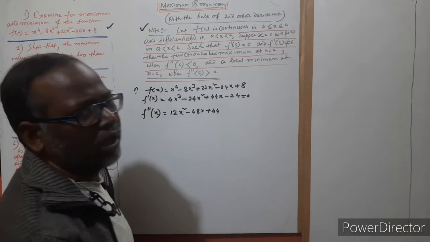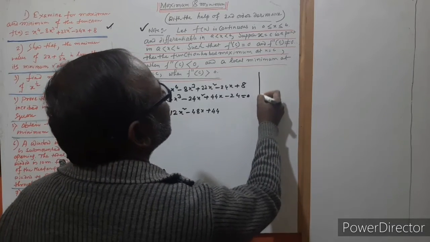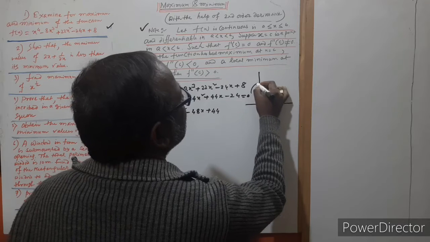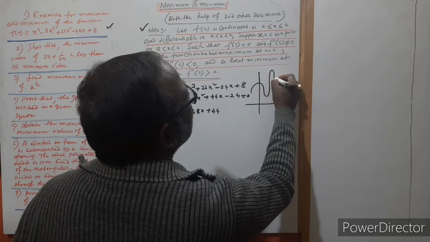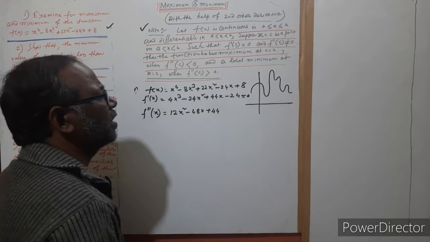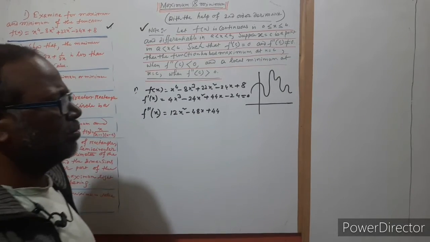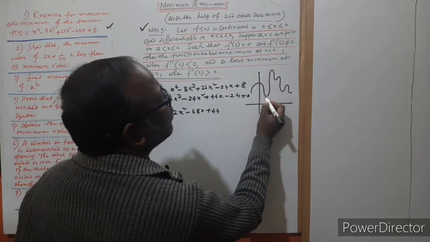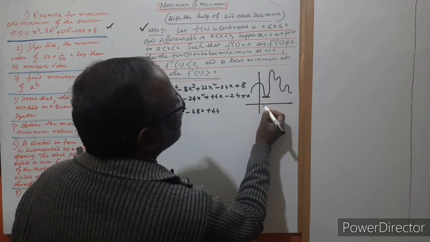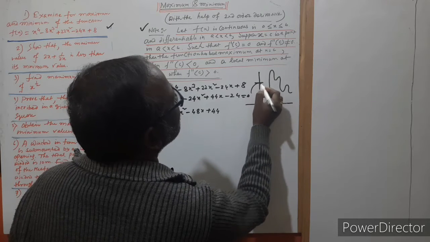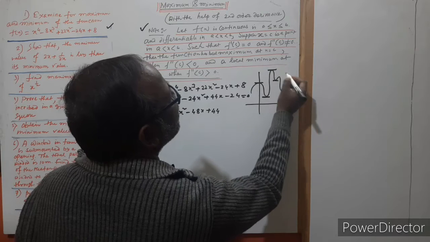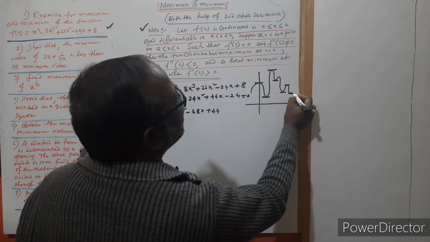Actually, this is the first order being 0. Why is this first order 0 here? See the drawing here. This is the y axis and this is the x axis, and this is a curve. Actually, we find the maximum and minimum. If we want to find this height, see this is a tangent, this is parallel to the x-axis, same as this tangent, parallel to the x-axis, and this tangent, parallel to the x-axis, and also all of these.